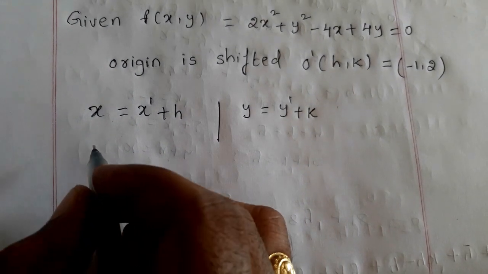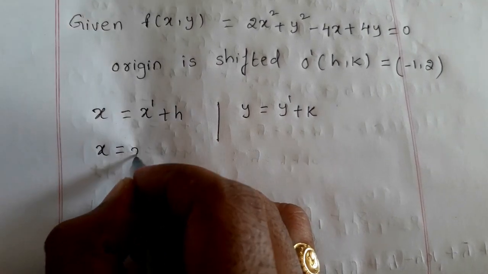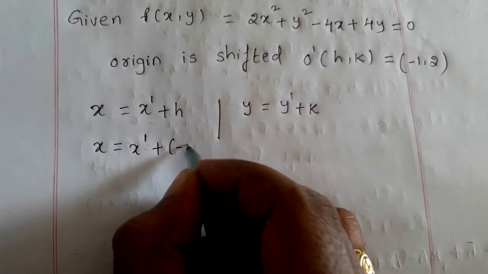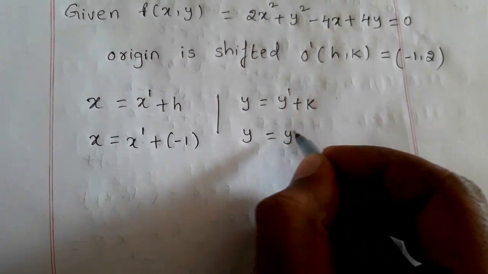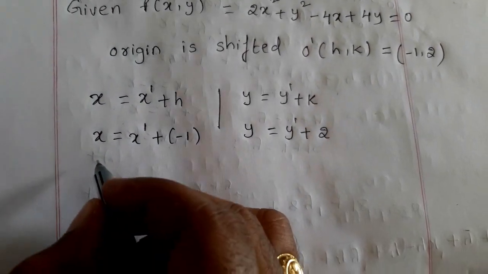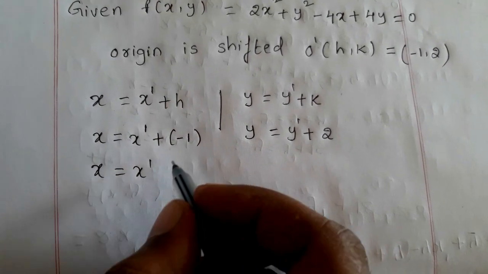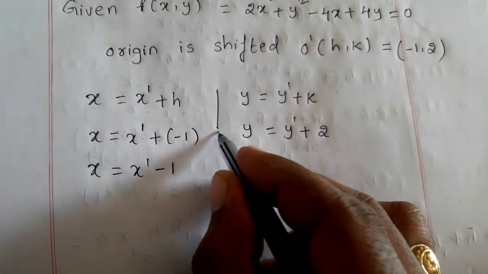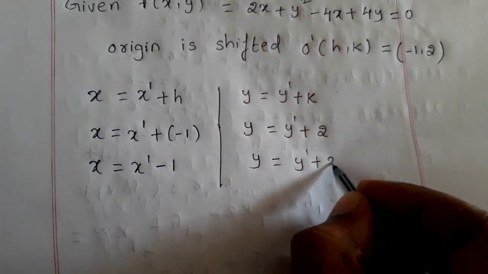Now x = x' + h, where the h value is −1, and y = y' + k, where the k value is 2. So x = x' − 1 and y = y' + 2.